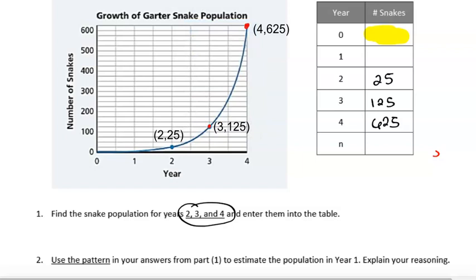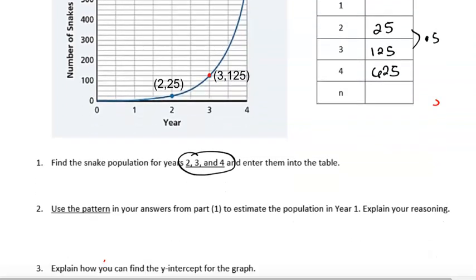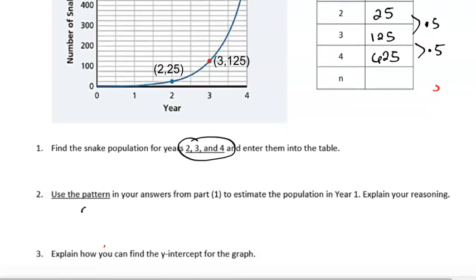If we notice, to get from 25 to 125, you're going to multiply by 5. Now, if that didn't come easy to you, here's what you think about. 25 is going to be multiplied by some number x, and this is going to give me 125. So 25 times what will give me 125?